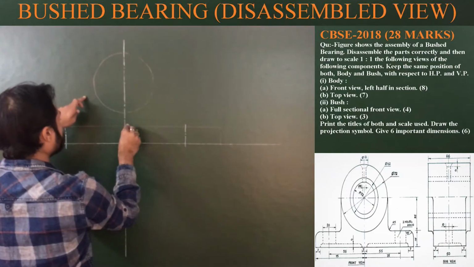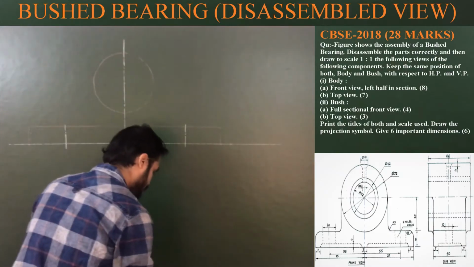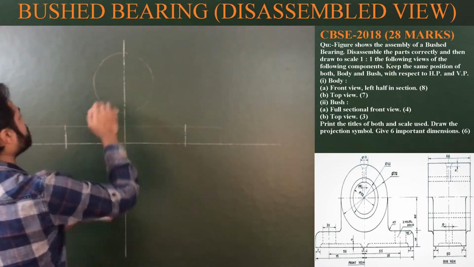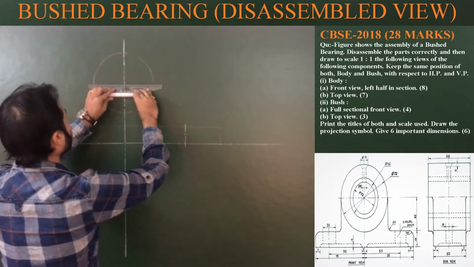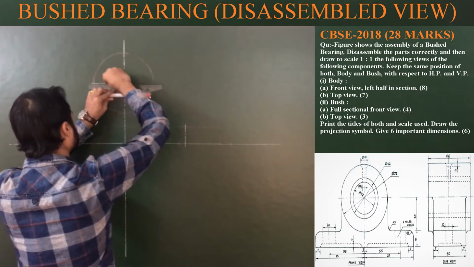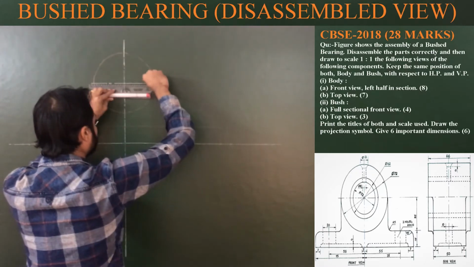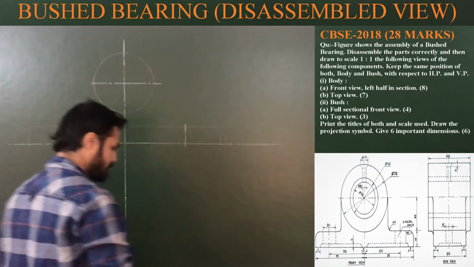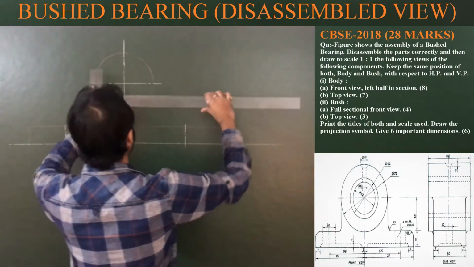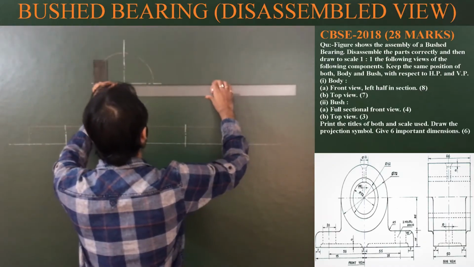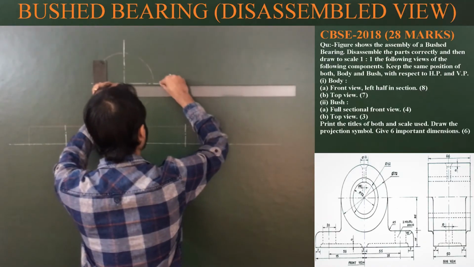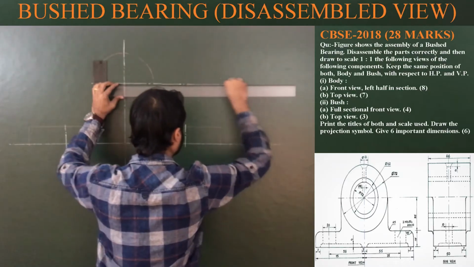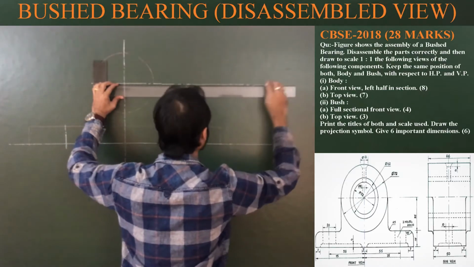So this is 72. Okay, one more thing: from the center, draw another center line for the front view, and then for the side view extend it. For the front view of the bush, you can also extend it for the bush.